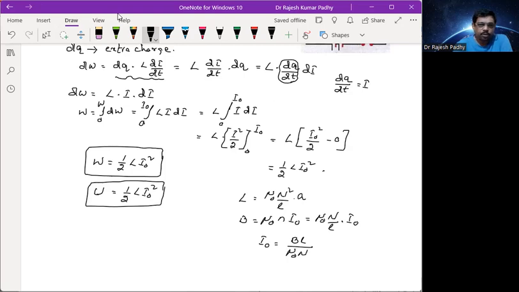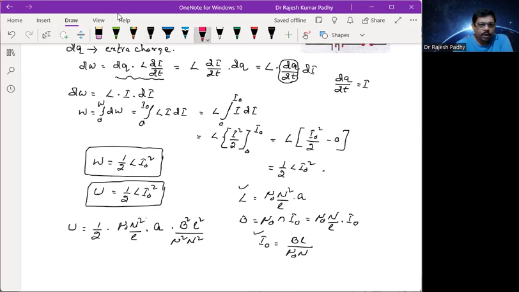Now let me put the values of L and I0 here. Therefore, total energy U equals half L, which is mu 0 N square by l into A, into I0 square, that is B square l square by mu 0 square N square.